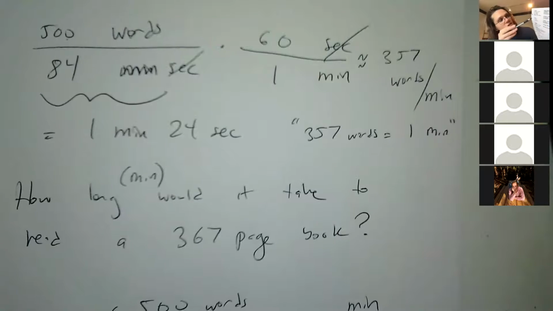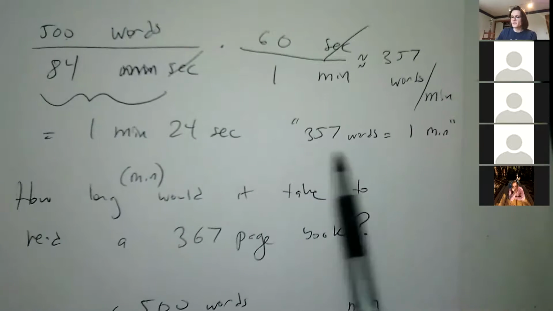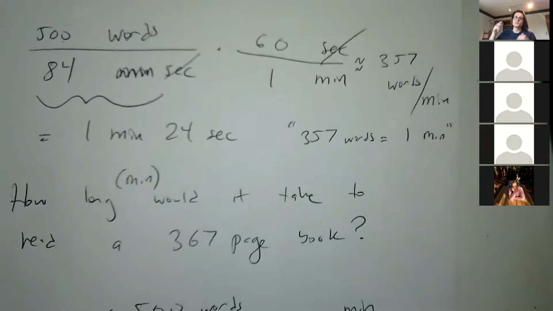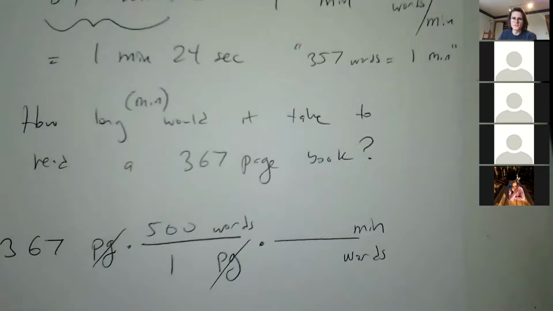Like 12 inches equals 1 foot. 1 mile equals 5,280 feet. It's the same kind of idea as this. Like 357 words equals 1 minute in this system where we're talking about how fast you can read. So you can use it in the same way you'd use 12 inches equals 1 foot. And you can rearrange things just like we would normally.